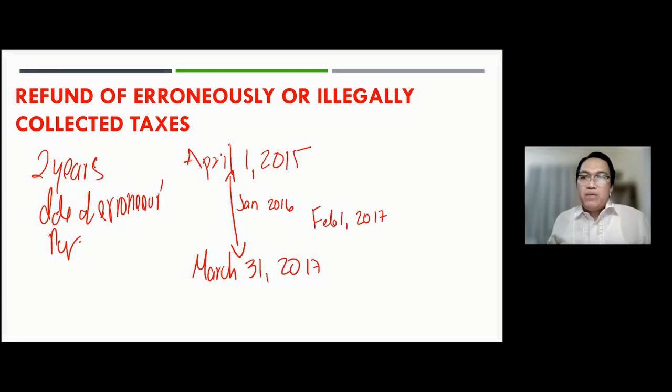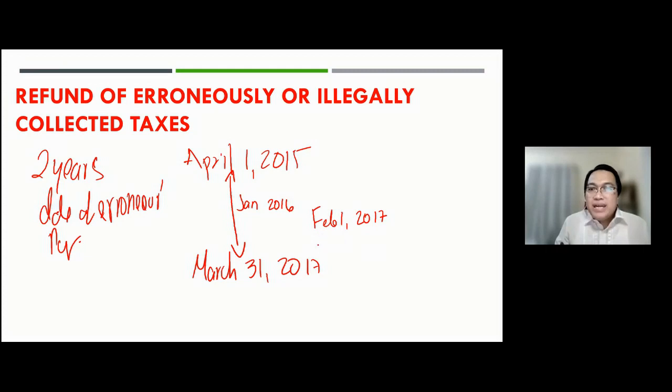Kung February 1, 2017, you have 30 days to file an appeal to the CTA. And that 30-day period is until March 2. Kasi February has 28 days. March 3. Hanggang March 3, ang 30 days mo to file an appeal to the CTA.